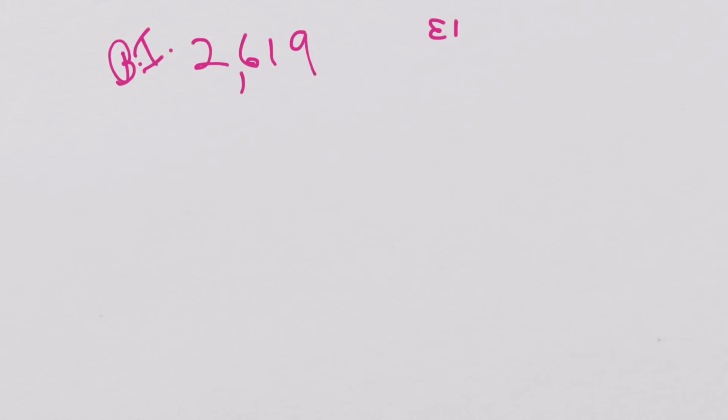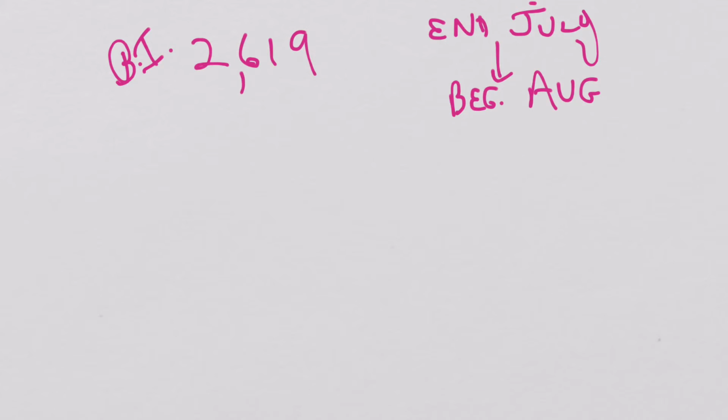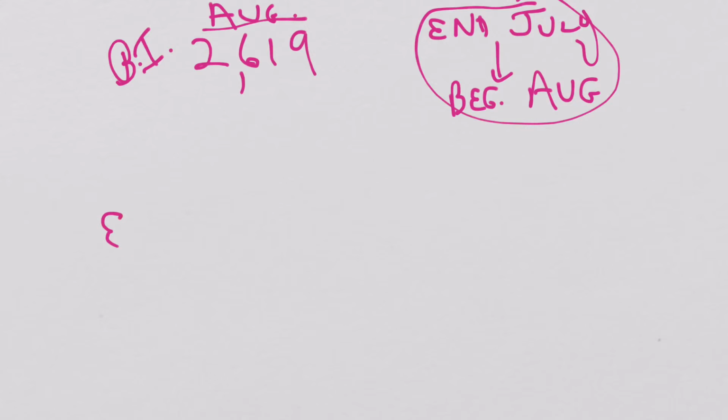So ending July is the beginning of August. So that's why we know here for August our beginning inventory is 2,619. We figured out the ending inventory. Why? Because the problem tells us how to figure out ending inventory, and that turned out to be 2,755 in terms of pounds of aluminum.